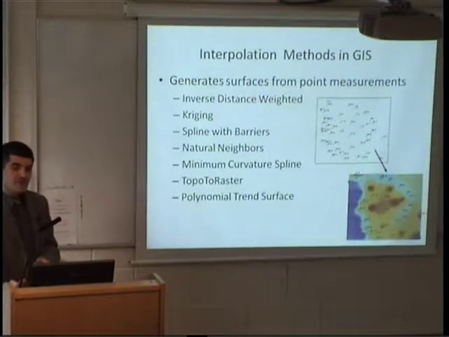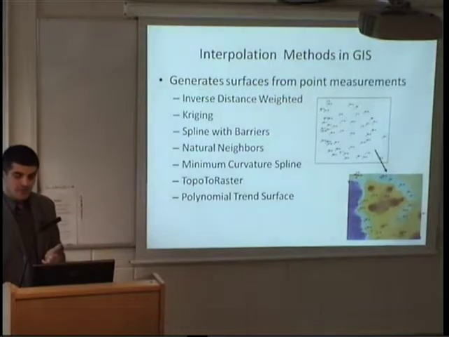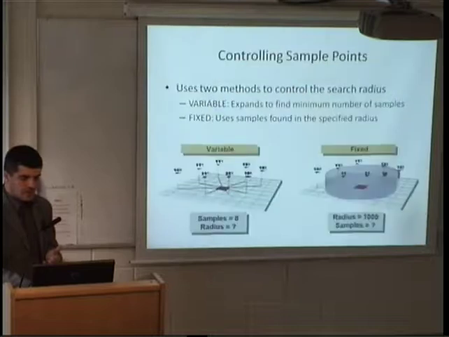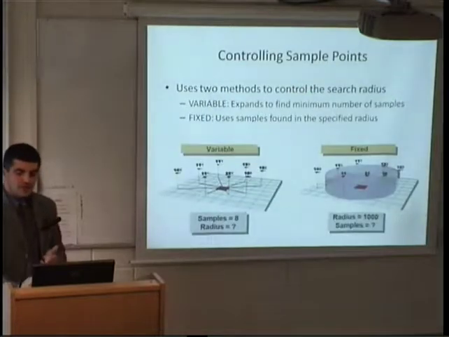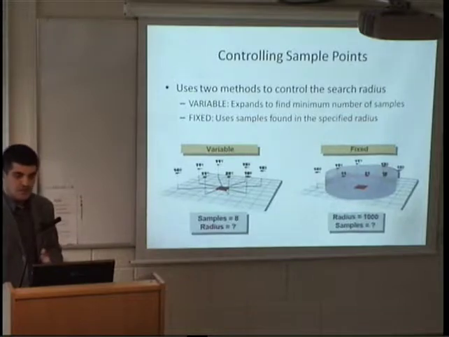But there are more sophisticated methods to interpolate data in ArcGIS. These are just a few available methods which you can use. And there is also a way to control sample points in the interpolation method. There are 2 methods to control the search radius.